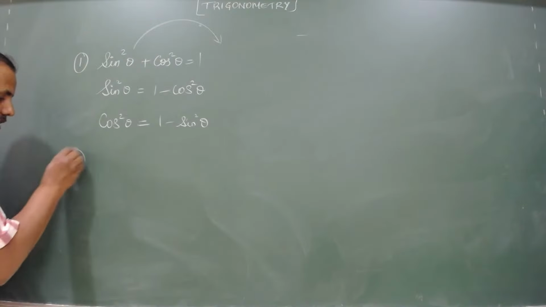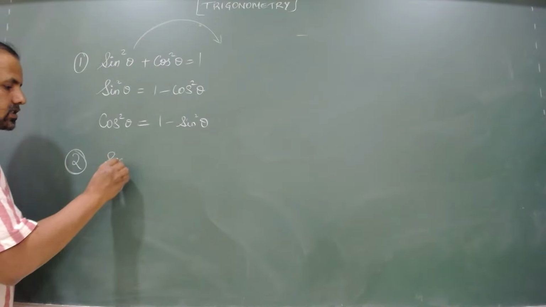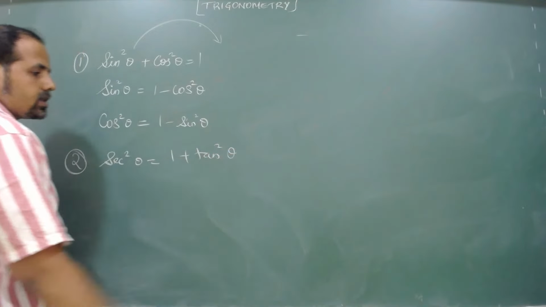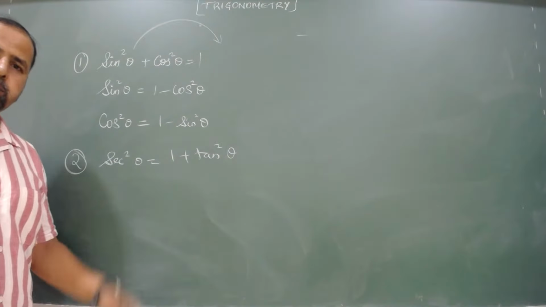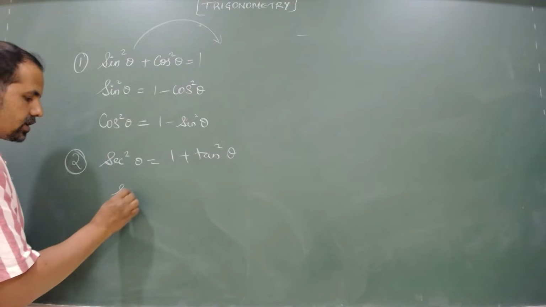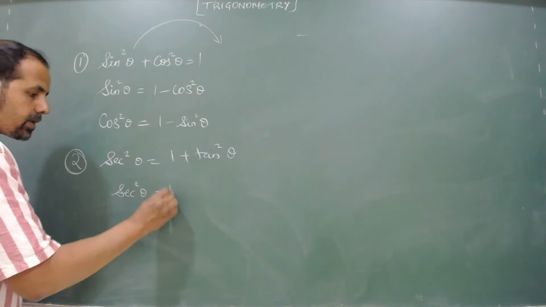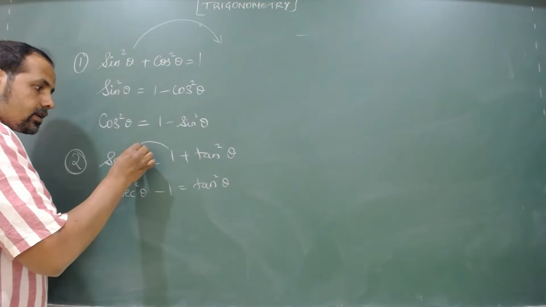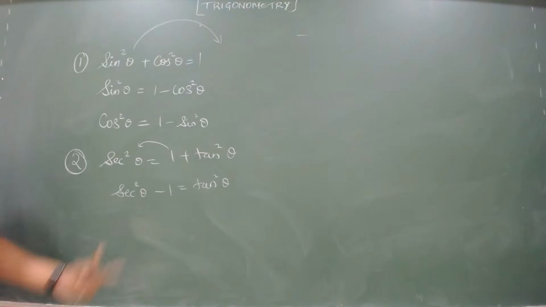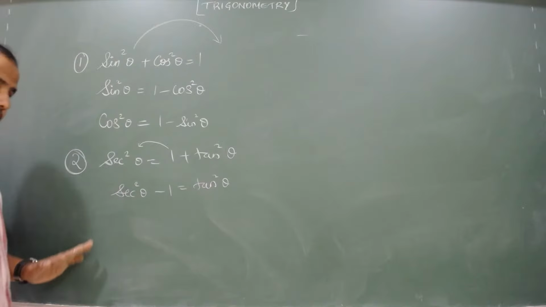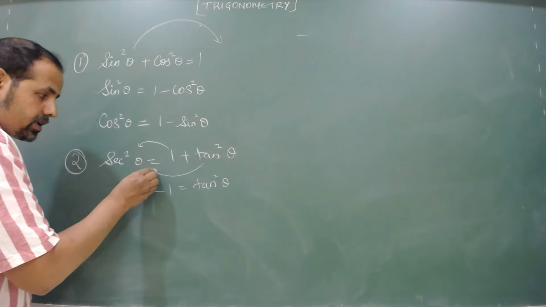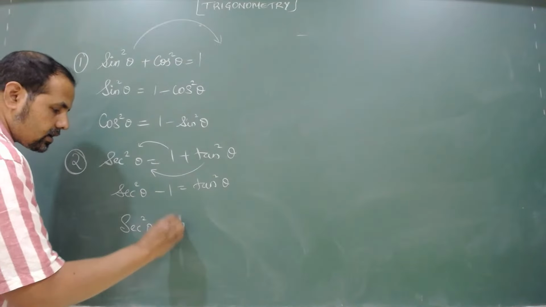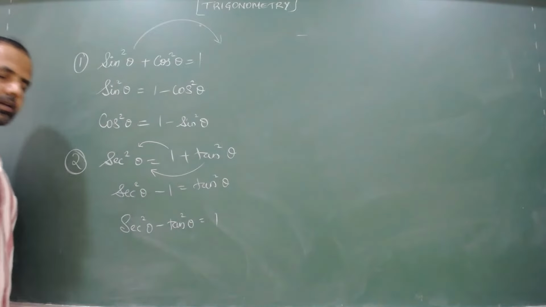The second identity, sec square theta is equal to 1 plus tan square theta. Again, this second identity can be rewritten as, observe here, sec square theta minus 1 is equal to tan square theta when I transpose 1 towards the left side, or the same identity can be rewritten as sec square theta minus tan square theta is equal to 1.